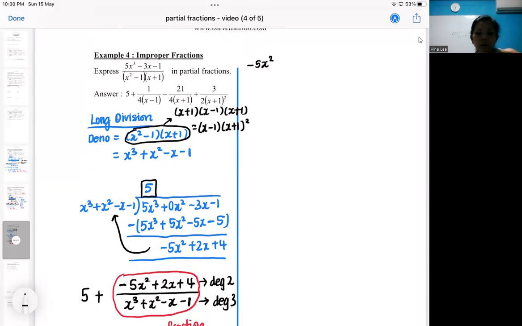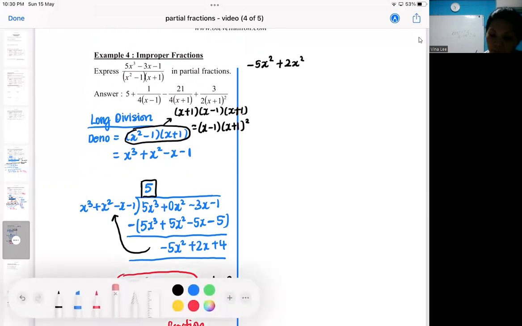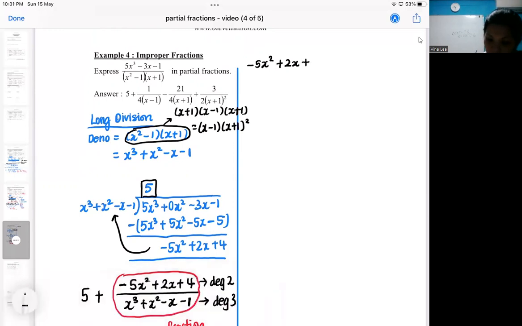So the original denominator, right, can actually be further factorized. And after some amount of arrangement, you realize that it is under case 2. So it is under case 2.